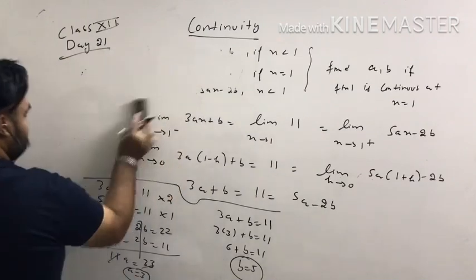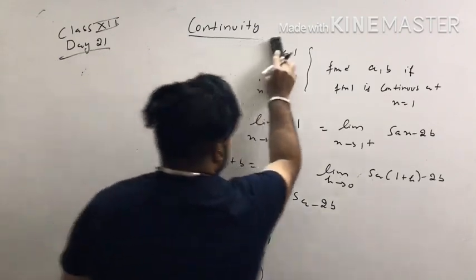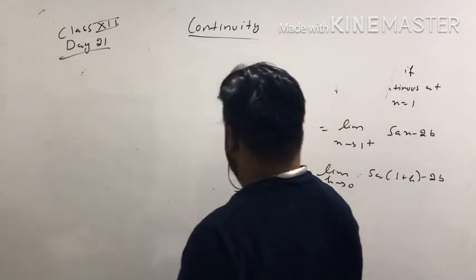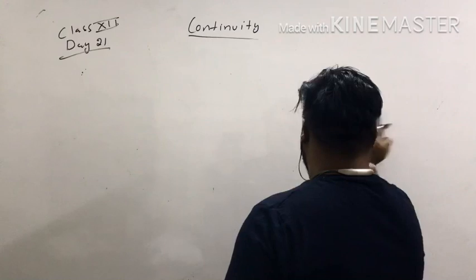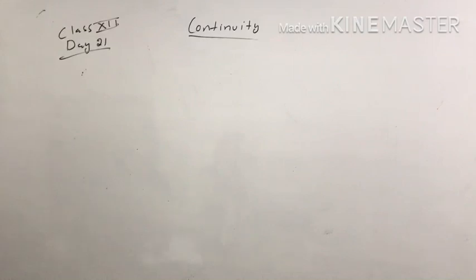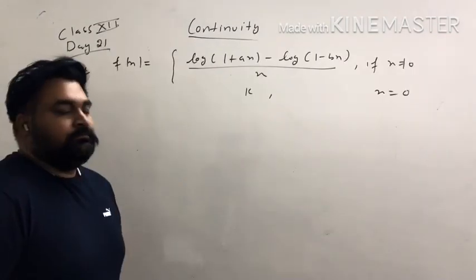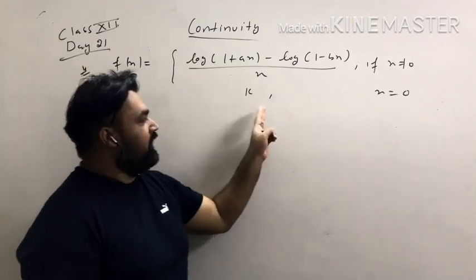The next question. The next question is: f(x) equals this expression for x not equal to 0, and k for x equals 0.